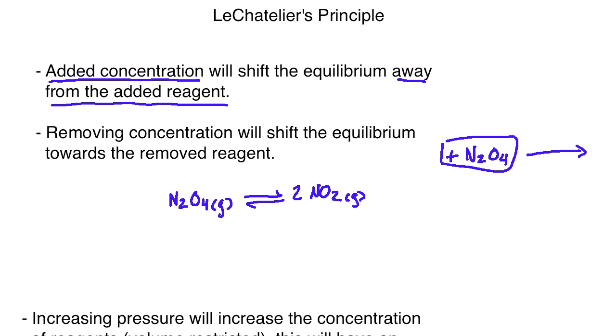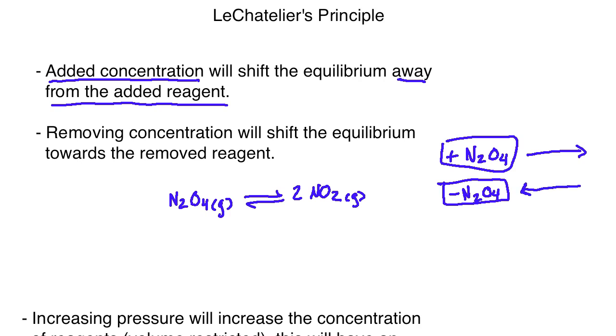All right, now the reverse is true. I can also remove the concentration, and it will shift the equilibrium towards the removed reagent. So let's say that this is an equilibrium and somehow I manage or find a way to remove some of the N2O4 gas. Well, in that case, when I disrupt the equilibrium by removing, it is going to shift towards the removed reagent, right?